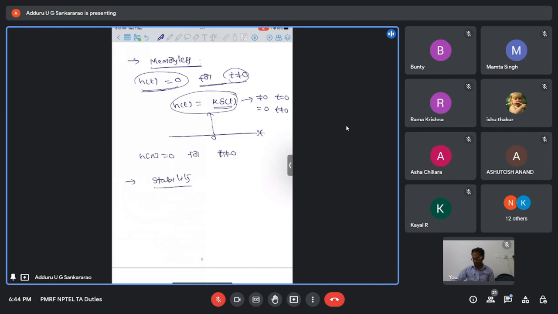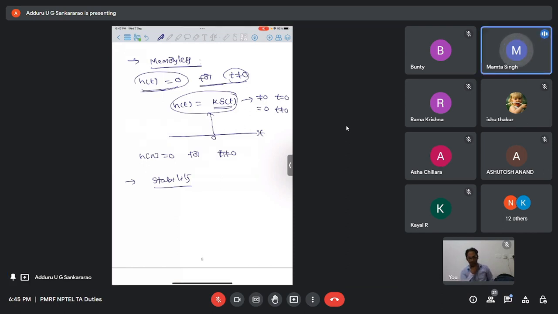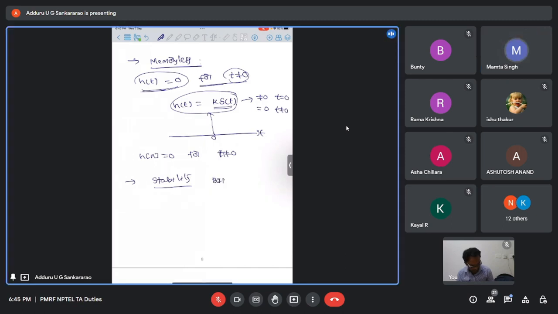Now, can somebody tell me when a system is called stable? Yes, bounded input produces bounded output. So let us say we have some system. I'm giving bounded input.